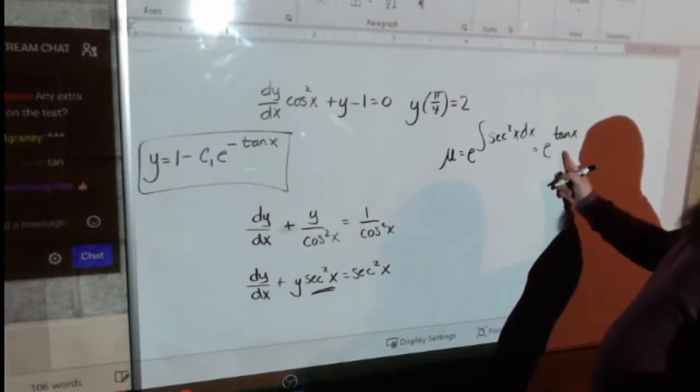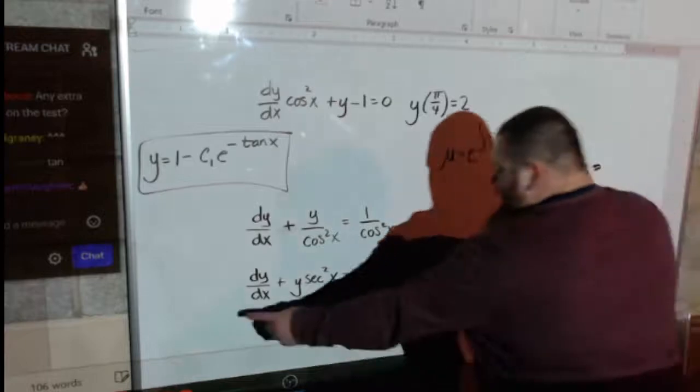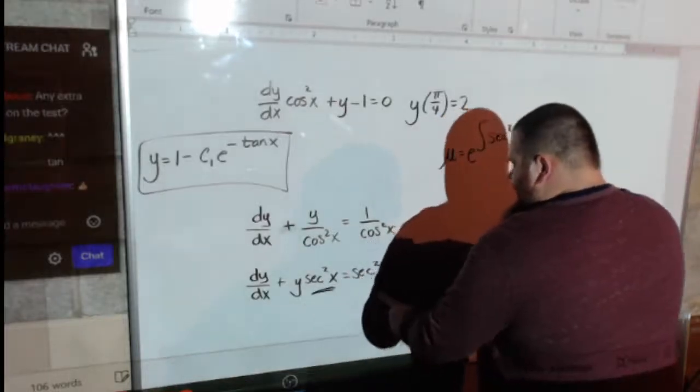Next step is to take that, the integrating factor, multiply by every single term.